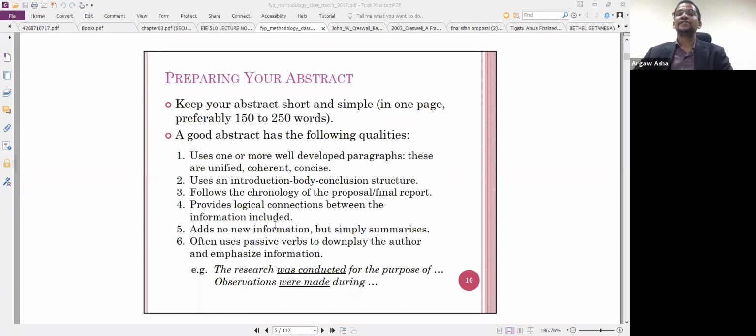However, you can use the past tense when conveying the information, and this should include, as I said, the introduction part and the body parts, and some simple summaries. For example, the research was conducted, the observations were made.